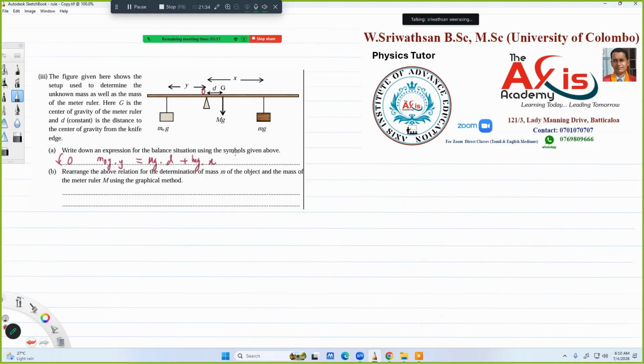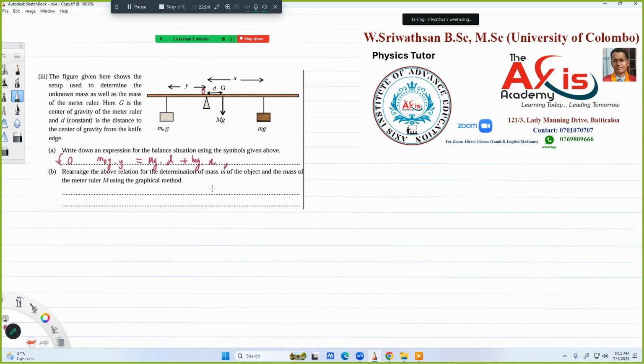That means g is cancelled. So we can say m naught into y equals, use the symbols given above, you can leave it as it is. This is okay.